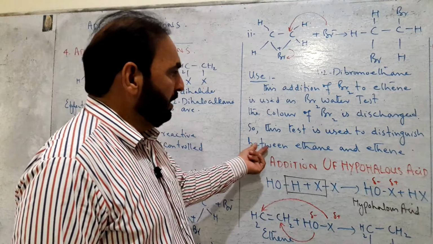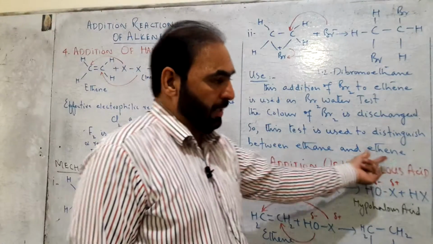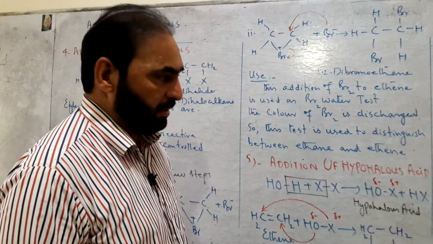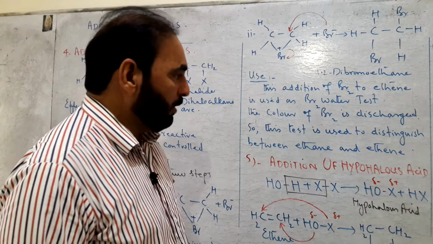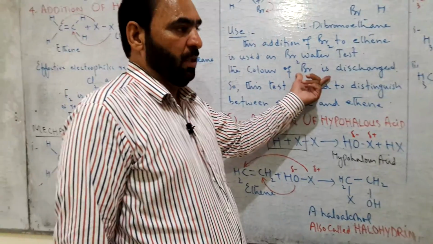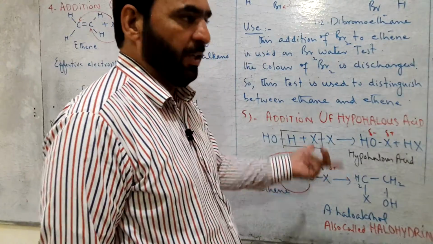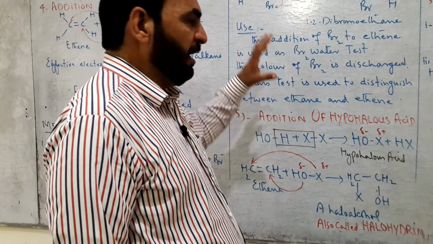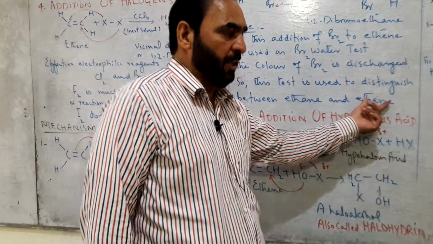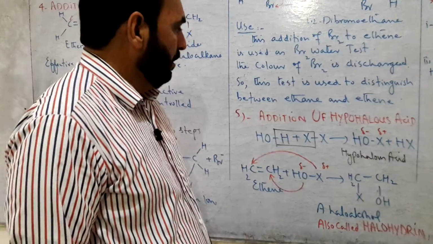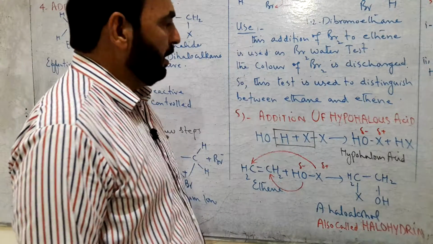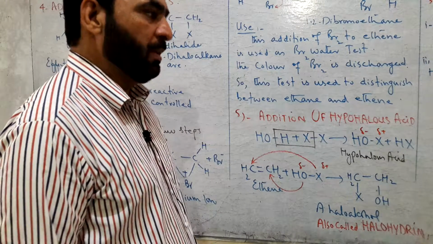In order to distinguish between ethane and ethene, we can apply this reaction as a test. If the hydrocarbon is ethene, then the color of bromine will be discharged. Otherwise, it will persist in case of ethane. So this is the easiest test to distinguish between ethane and ethene chemically. Ethane will not react with bromine easily, and the color of bromine will persist.